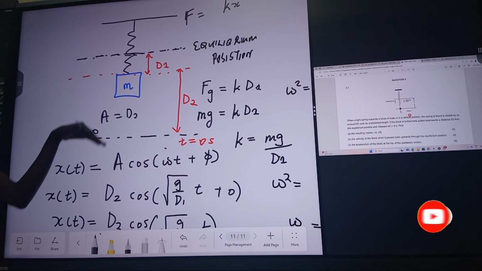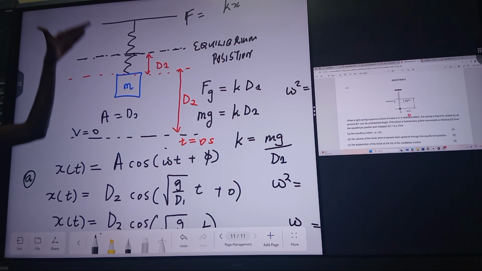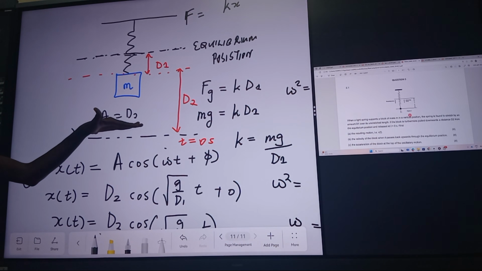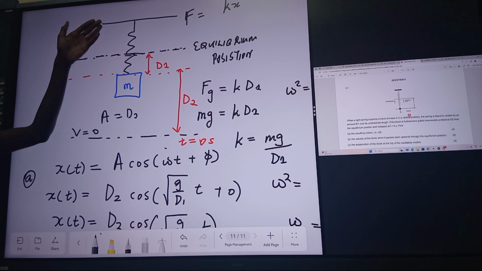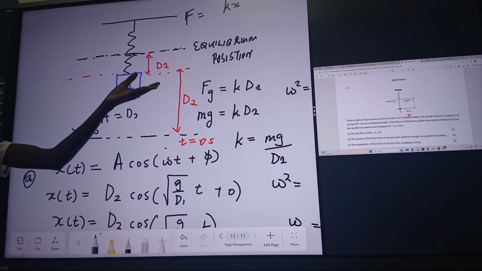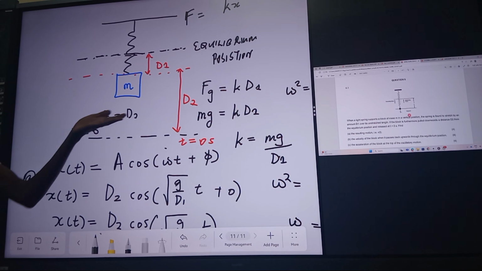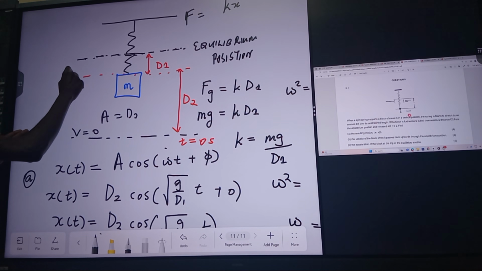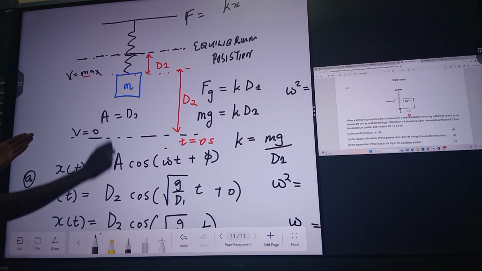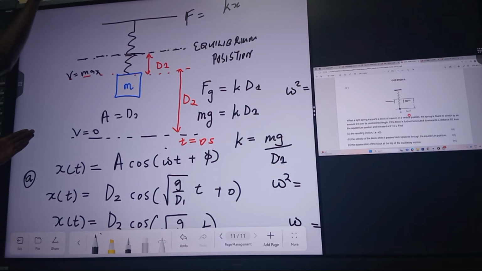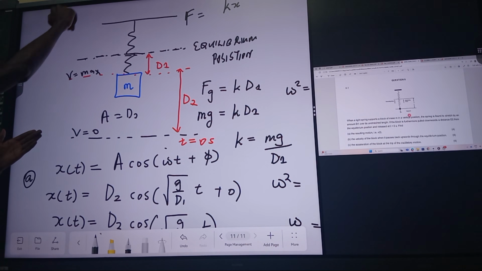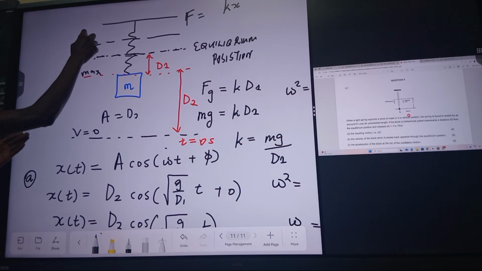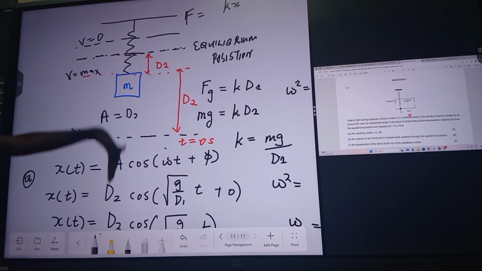It stops and goes back. You cannot change direction without reaching 0. So here it is 0, and at the equilibrium position the velocity is maximum. And then at the other topmost position, where this block will end up, the velocity is 0 again as it comes back.